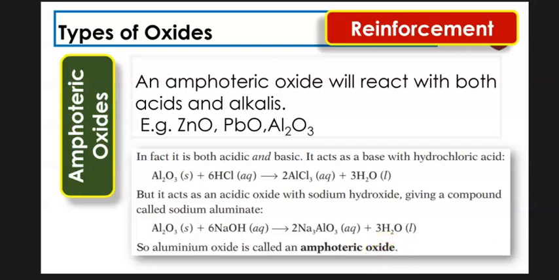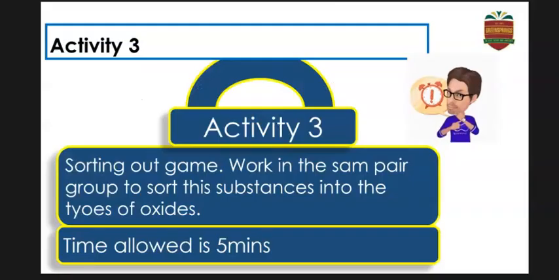Okay, that's fantastic. Let's move on to activity number 3. Now, in this activity, you're going to do a quick sorting game. The person you did the research with, you're also going to work with, and you're going to race to sort various compounds into acidic oxide, basic oxide, neutral oxide, or amphoteric oxide.